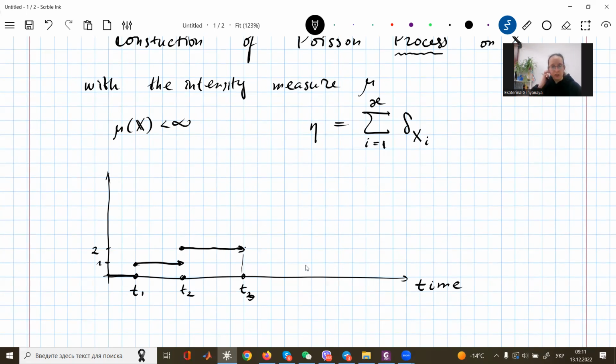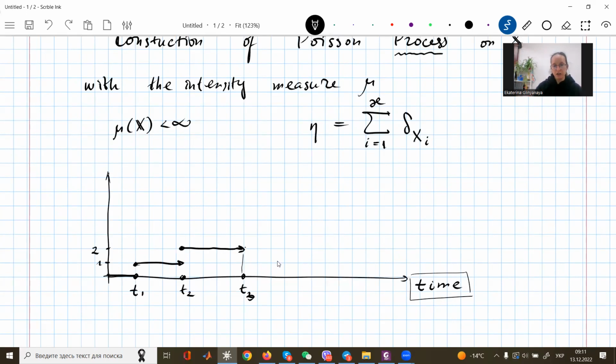This is why we call them point processes, because initially it was a function of time, but later they were generalized for arbitrary spaces.